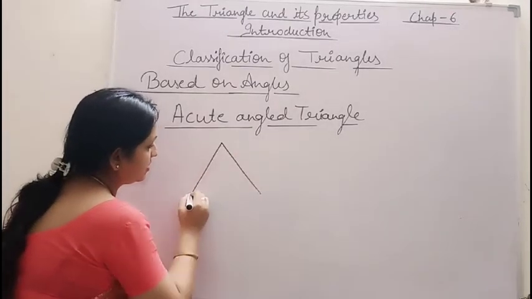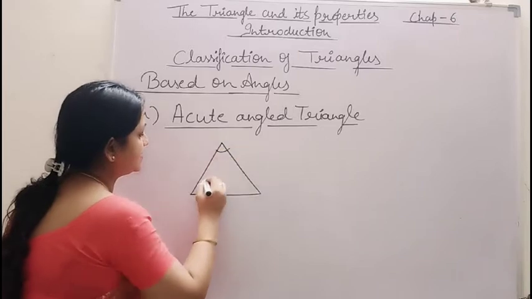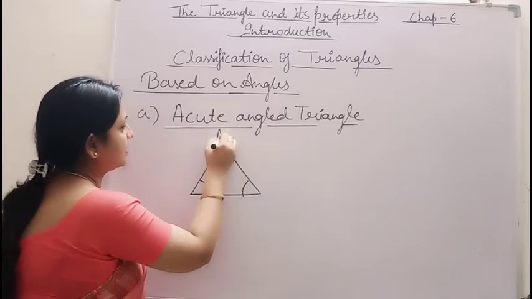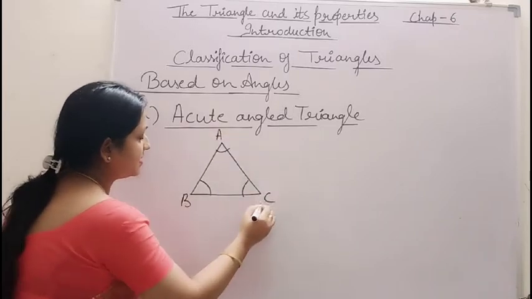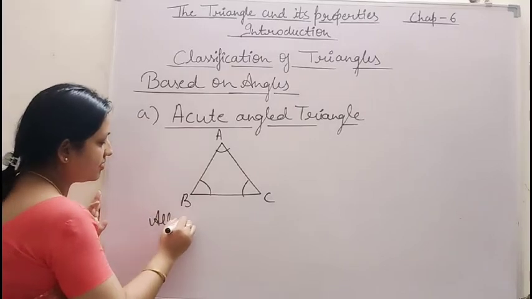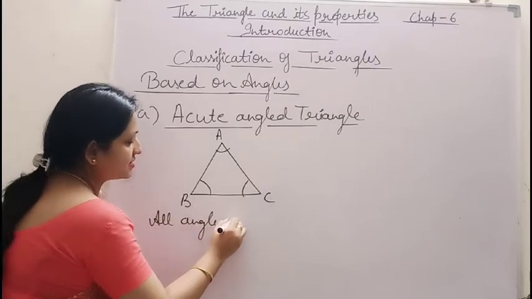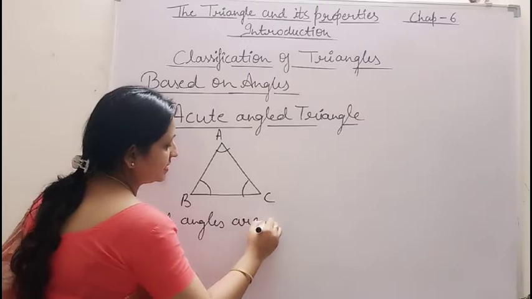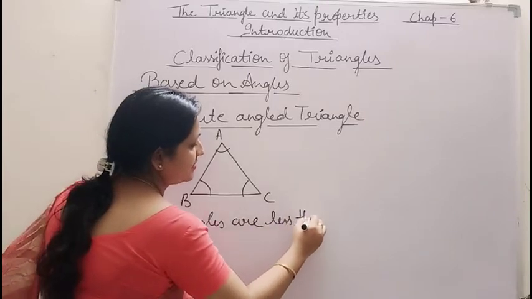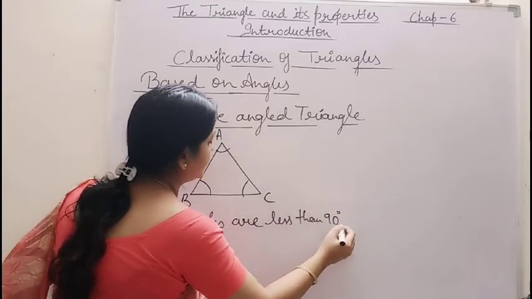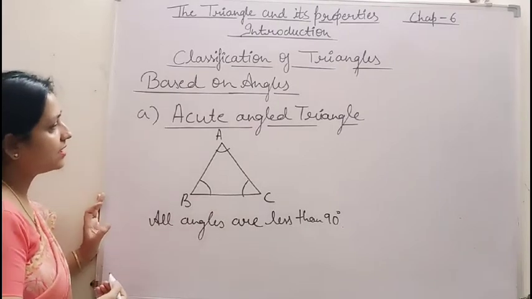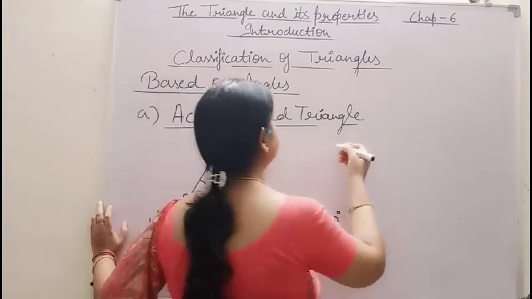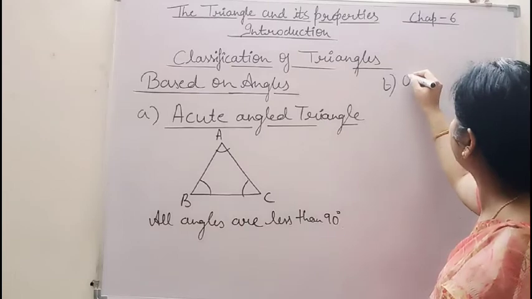So see, all angles A, B, C are less than 90 degrees. Okay. Next is the obtuse angle triangle.